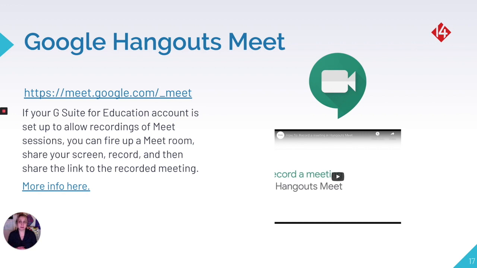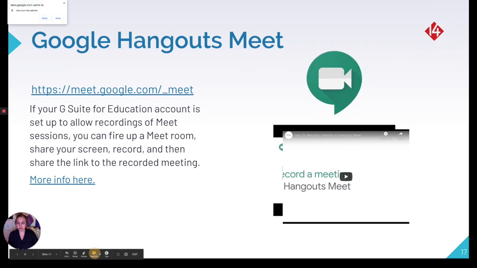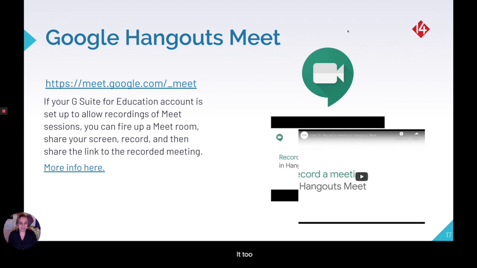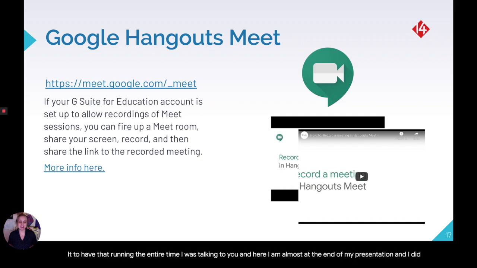Now, one mistake I made in this live cast, which I did not want to do, was this. I am using Google Slides. And one of the built-in accessibility features in Google Slides is the beautiful closed captioning. I wanted to have that running the entire time I was talking to you, and here I am almost at the end of my presentation and I did not have it running.